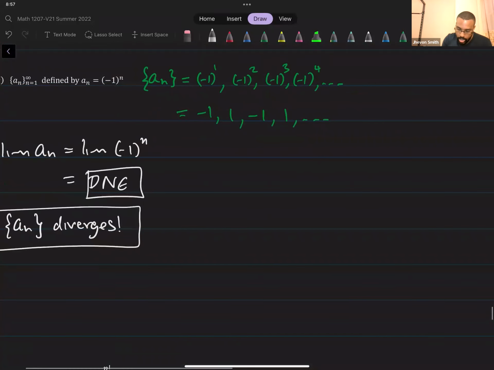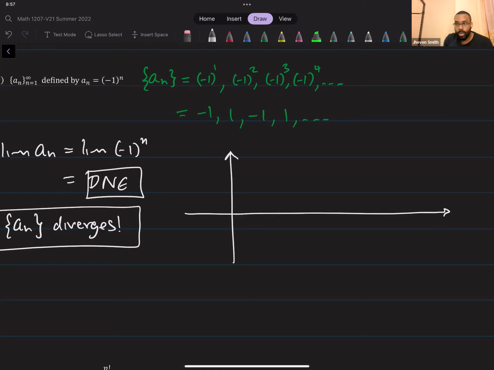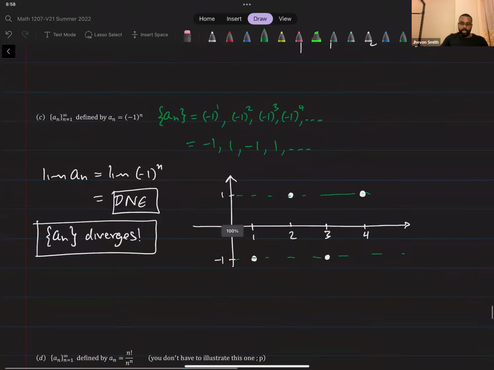If you look at the picture here, what happens is at 1, it's -1. At 2, it's +1. At 3, it's -1. At 4, it's +1, etc. So there's like a trend in the top and a trend in the bottom. But otherwise, this keeps alternating.